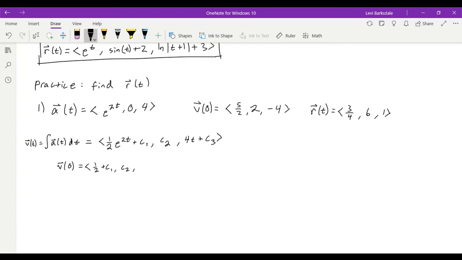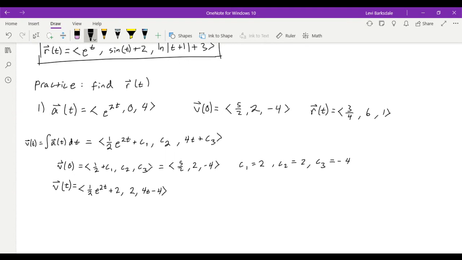Then we would get c2, and lastly c3. So this would be equal to our initial velocity vector of (5/2, 0, -4), which tells us that c1 is equal to 2, c2 is equal to 0, and c3 is equal to -4. So our velocity vector with our constants replaced would then be written as 1/2 e to the 2t plus 2, 0, 4t minus 4.